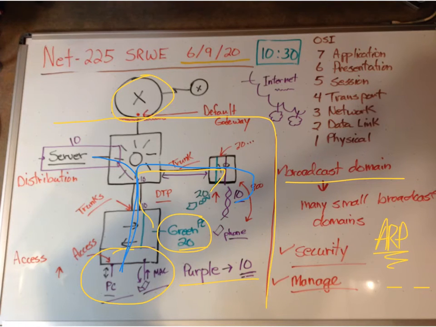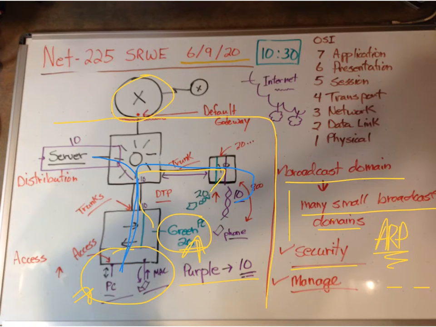So that broadcast goes to everybody. Well, we can split it into VLANs. Each of these VLANs, for example the green and the purple, create their own broadcast domains. So instead of one big one, it's better to have many little ones. And so the network runs much more efficiently.